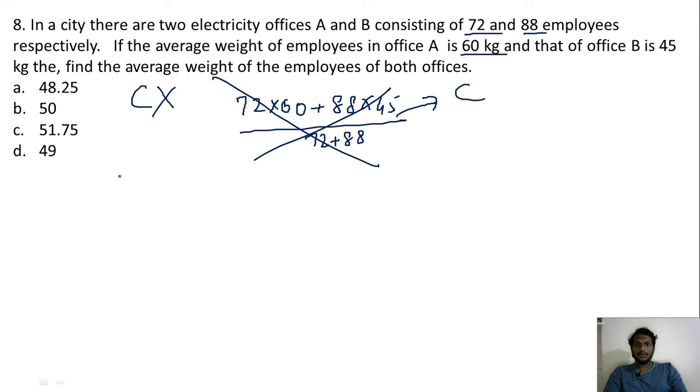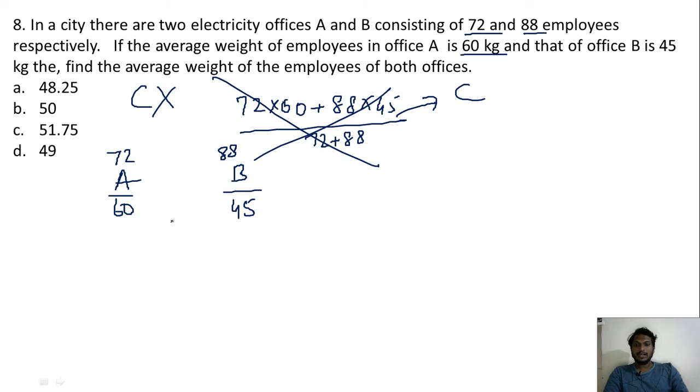See, there are two offices A and B. The average of office A is 60 and the average of office B is 45. Here there are 72 employees and in office B there are 88 employees.